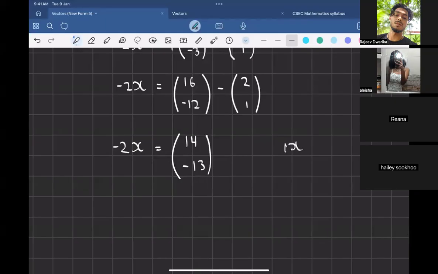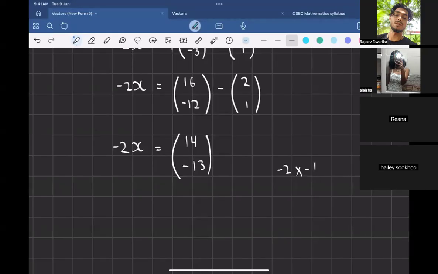Yes. Right. So we had to figure out what we had to multiply minus 2 by to get 1. A half. But if we multiply minus 2 by a half, we'll get minus 1. Minus a half.